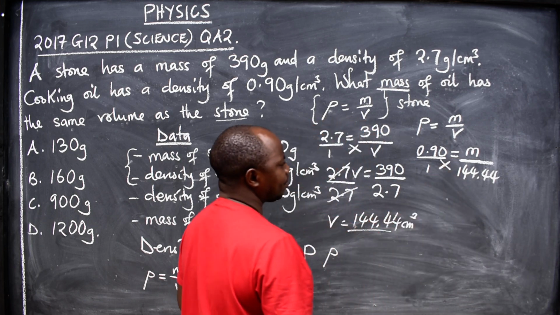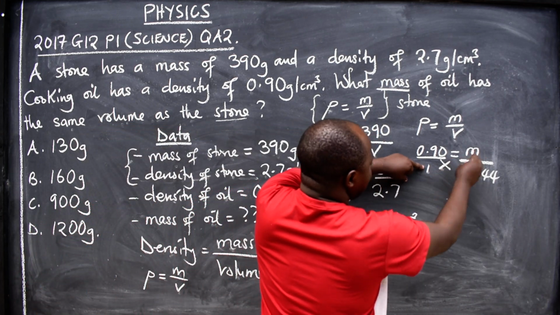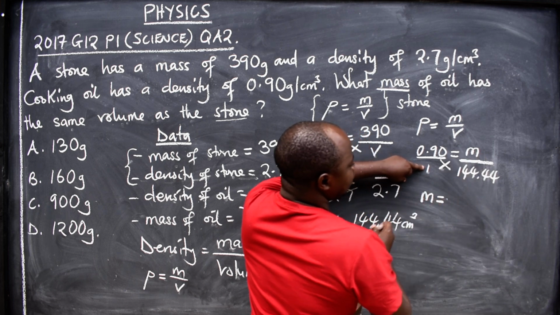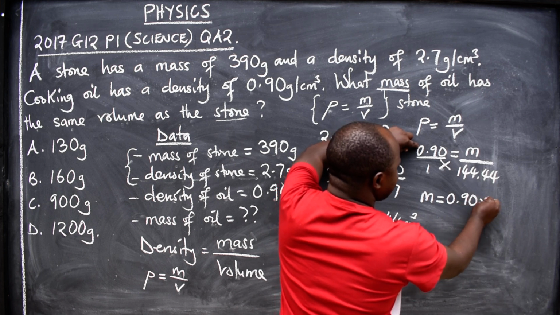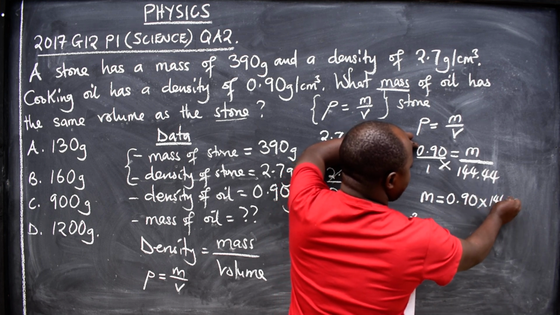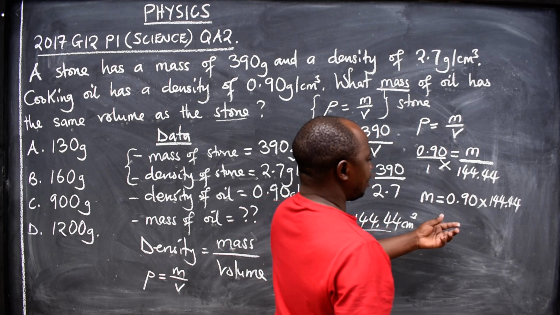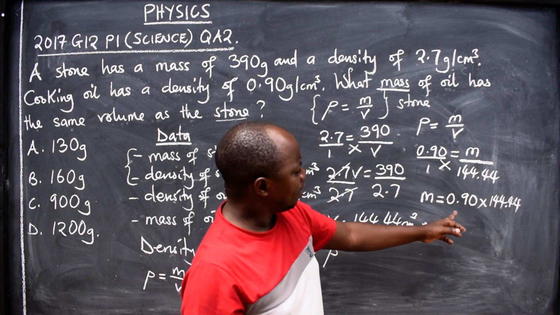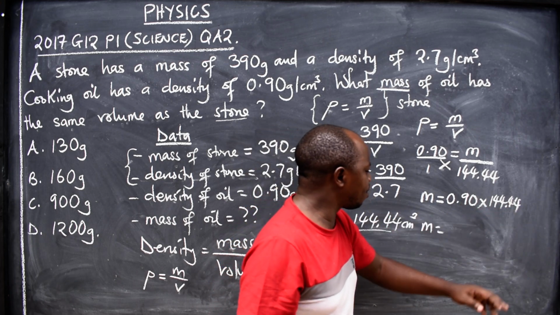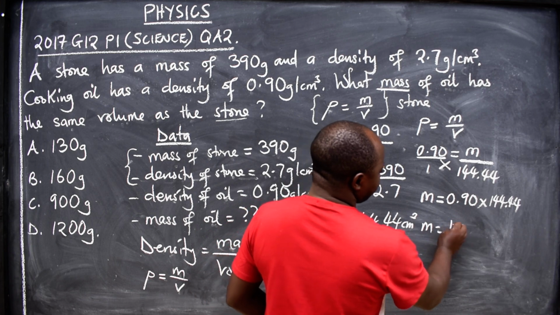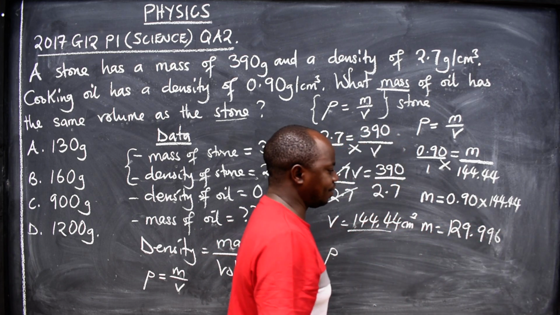Cross multiply. When you cross multiply there, we are going to have 1 times m, it is m, is equal to 0.90 multiplied by 144.44. Okay, now my mass will be, you use the calculator here, 0.90 times 144.44, you are going to get 129.996, something like this.